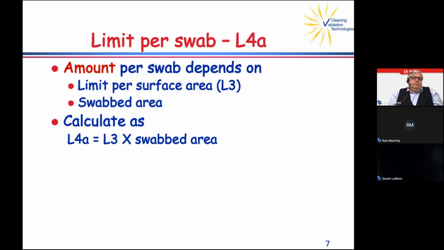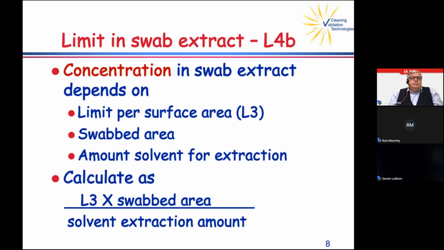The swabbed area is the area that you do on an individual swab, typically 10 square centimeters, typically 100 square centimeters, the 10 by 10 swabbing area, or some 25 square centimeters, 5 by 5. Basically L4A is calculated just as the L3 value times the swabbed area. Next slide, please.